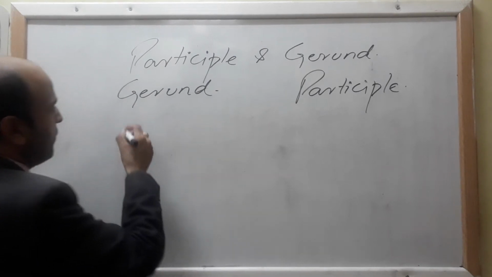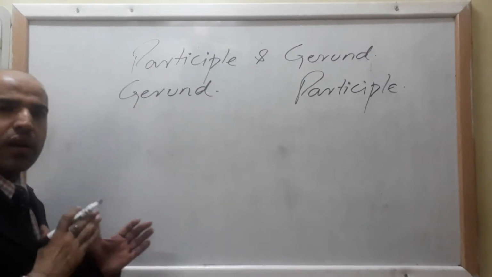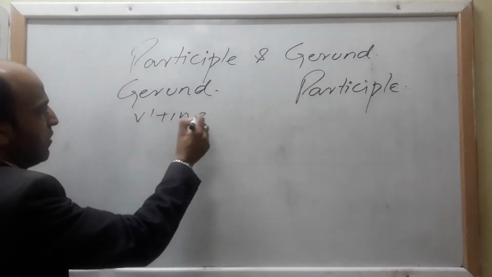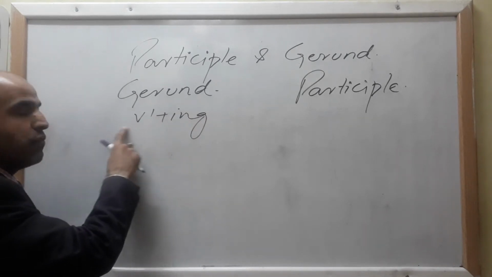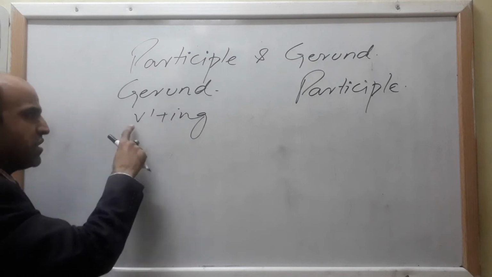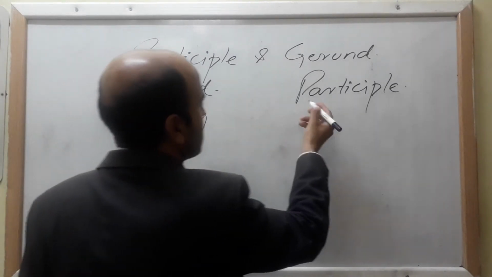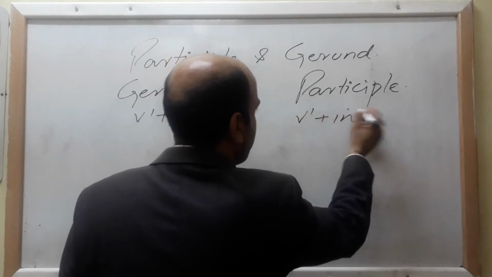First of all, when we talk about the formation of gerund and participle, I'll tell you side by side. V1 plus ing: what's the gerund? V1. Clear? We use the first form of the verb, the present form of the verb, the lexical form of the verb. Same is the case with participle: V1 plus ing.